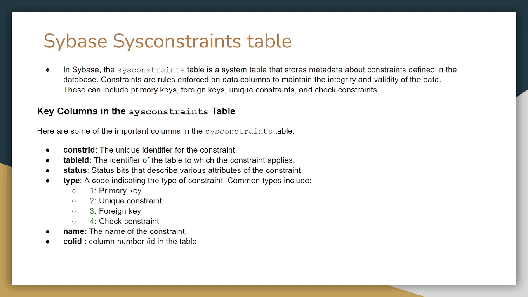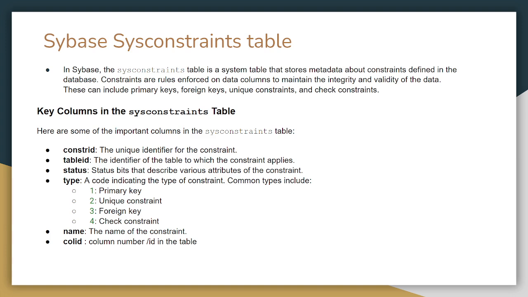This is one of the constraints which developers normally define, and this information will be stored in the sysconstraints table. Now the key columns in the sysconstraints table are constraint ID, the unique identifier of the constraint, table ID, the identifier of the table to which the constraint applies, status, bytes that describe various attributes of the constraint, and type. The type defines how many types of constraints there are, and it resembles a code.